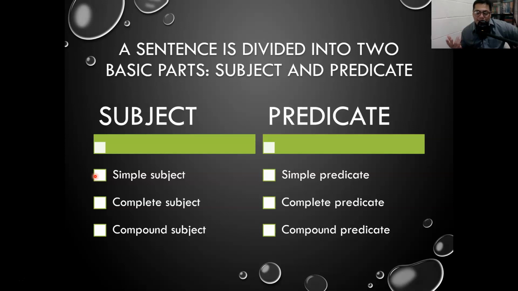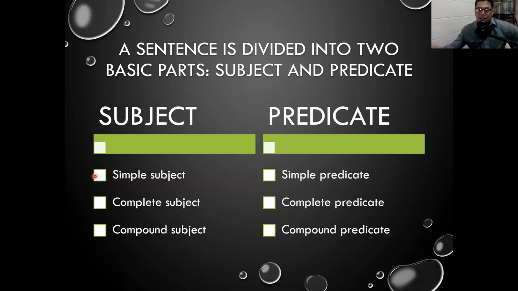I know that corner is not the simple subject because it's the object of the preposition "in." Remember that we also discussed prepositional phrases, right? So that's how I find the simple subject in a complete subject.